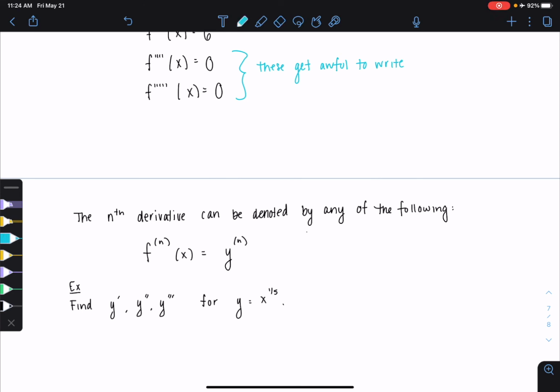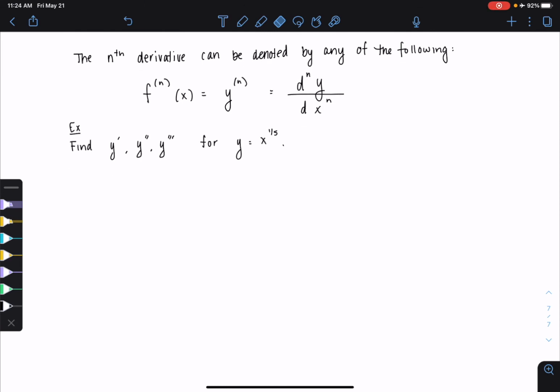Because if you don't put parentheses, this would be like y to the third power, which indicates something completely different, okay? In terms of the Leibniz notation, which is d over dx, you would put the n attached to the d up top, and it's going to be with respect to the variable x n times, okay?